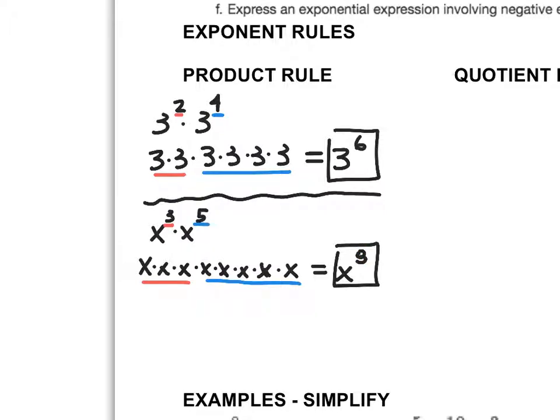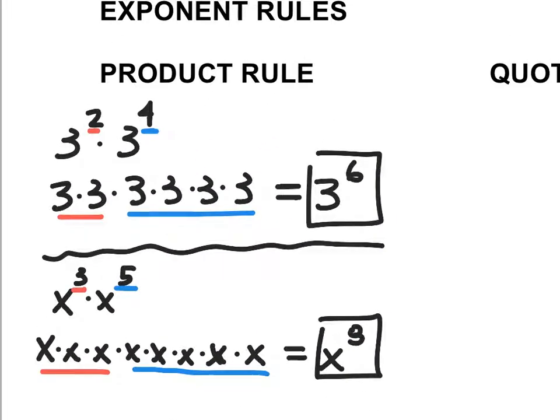Well, I'm doing 2 plus 4, and that gives me my 6. Over here, if I take the 3 plus the 5, that's going to give me 8. And that's always going to work.